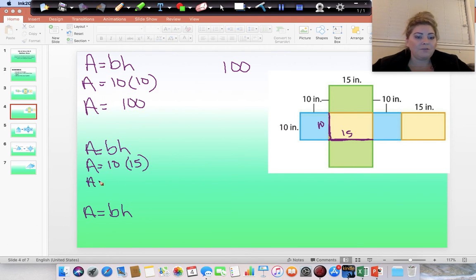So 10 times 15 actually gives me 150. So once I get it, I'm going to write it off to the side. And then my last one is going to be the green one. Okay, so the green one is also going to be 10 and 15, which is 150.